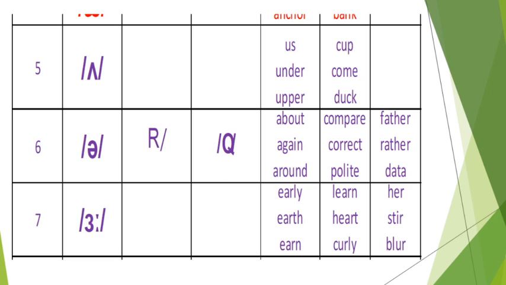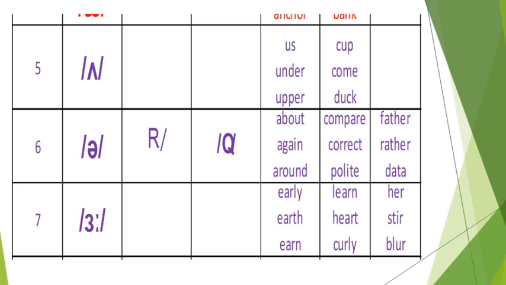Now the 3rd central vowel. Out of all these, this is the only long vowel, the only central long vowel. E-A-R-L-Y, early. Wherever there is E-A-R in any word, or any vowel before R, this sound will be there.